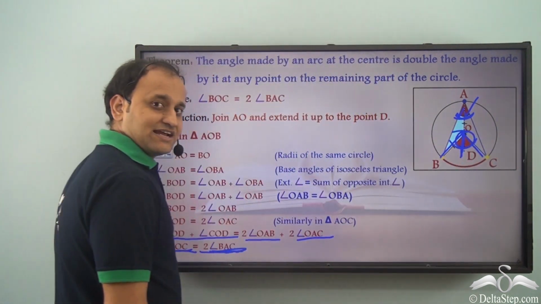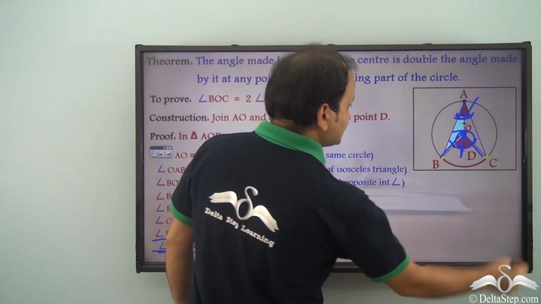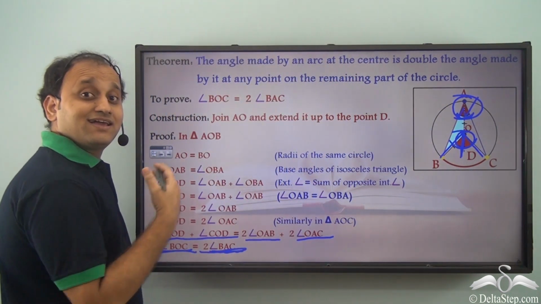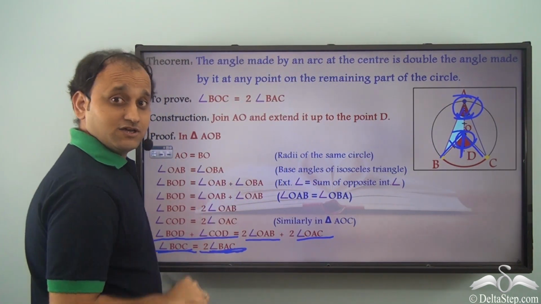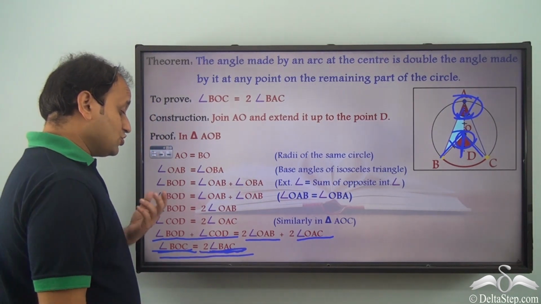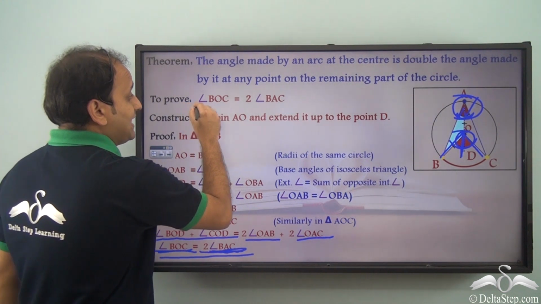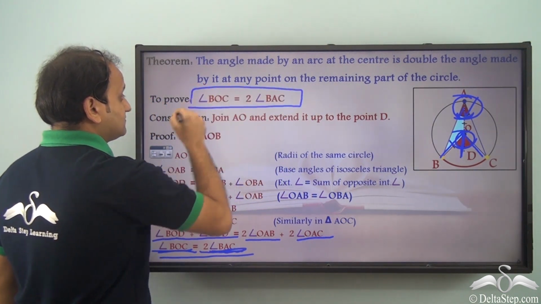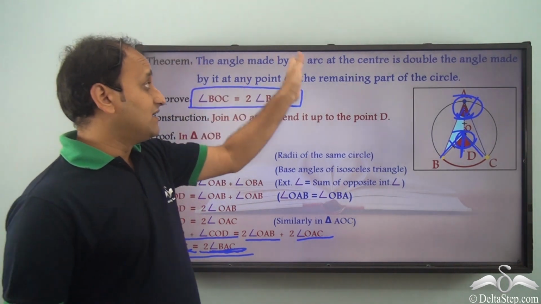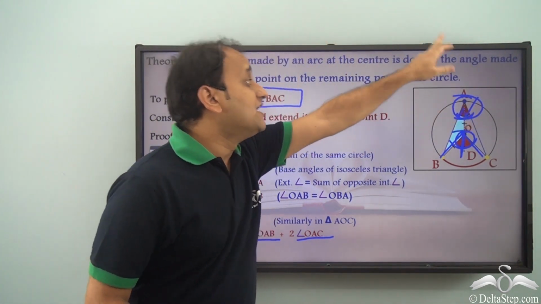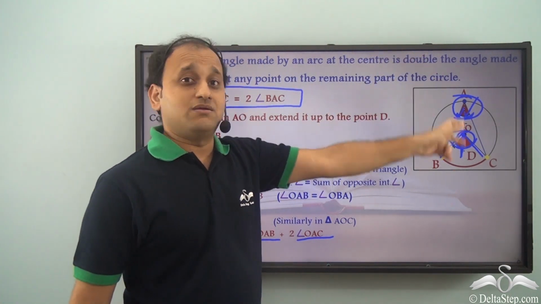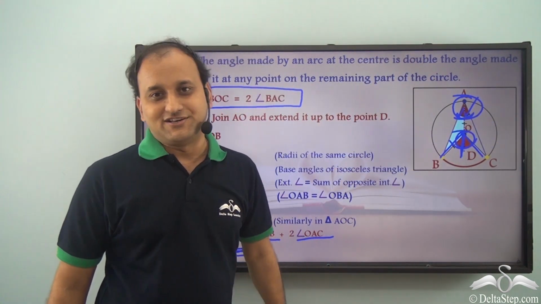Angle subtended at the center is double of angle subtended at any other part of the circle. Angle BOC is equal to 2 into angle BAC. It has been proved, which means that the angle made by an arc at the center is double the angle made by it at any point on the remaining part of the circle.